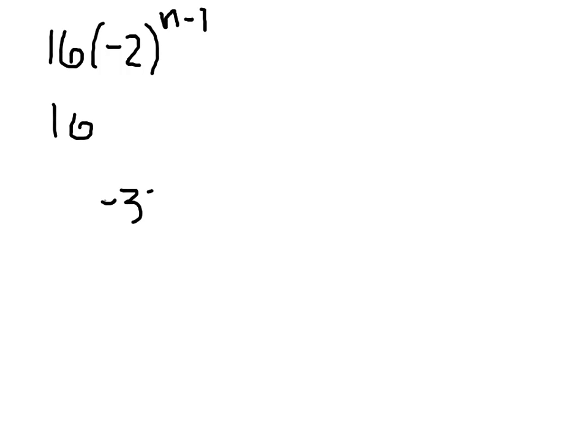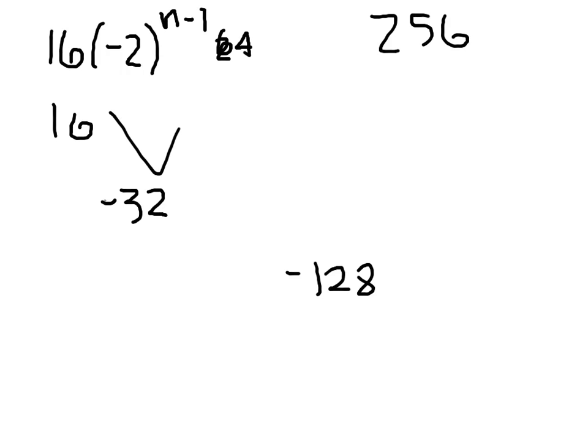So let's just take a look at a couple of series. Let's say I had 16 times -2 to the n minus 1 power. So the first term would be 16, and then it would jump down to -32, and then it would jump up to +64, and then it would jump down to -128, and if I take 128 times 2, it would jump up to +256, and this would be just going down, up, down, up.